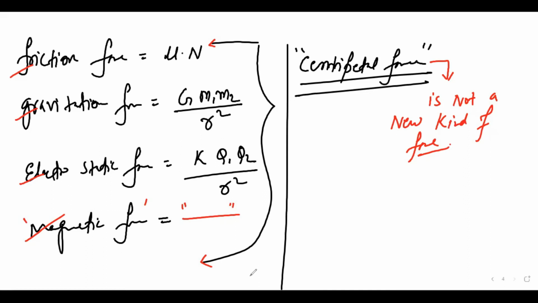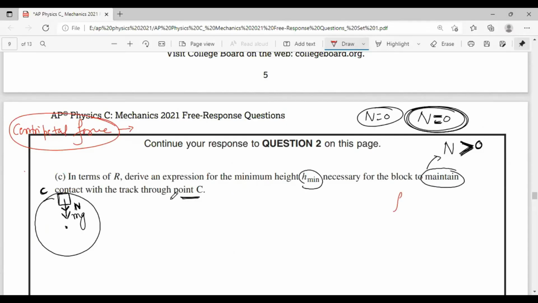So to find the H minimum, see, normal is acting downward, mg is acting downward, and these two forces will act as the centripetal force. This is the centripetal force, that is Fc.